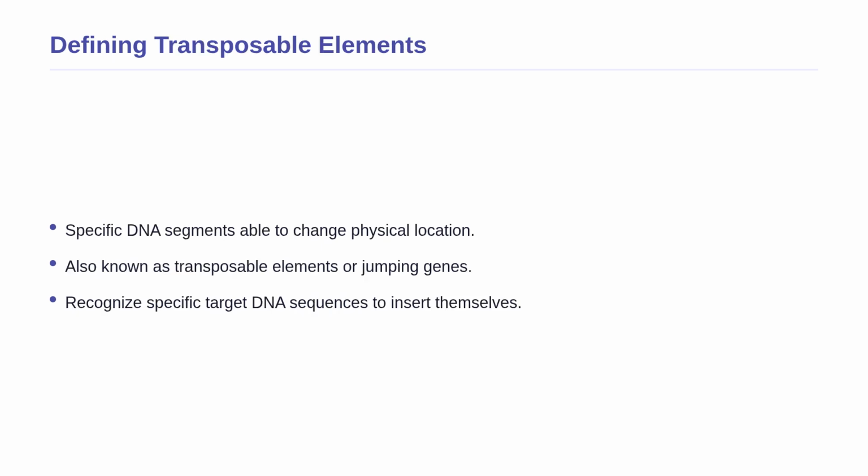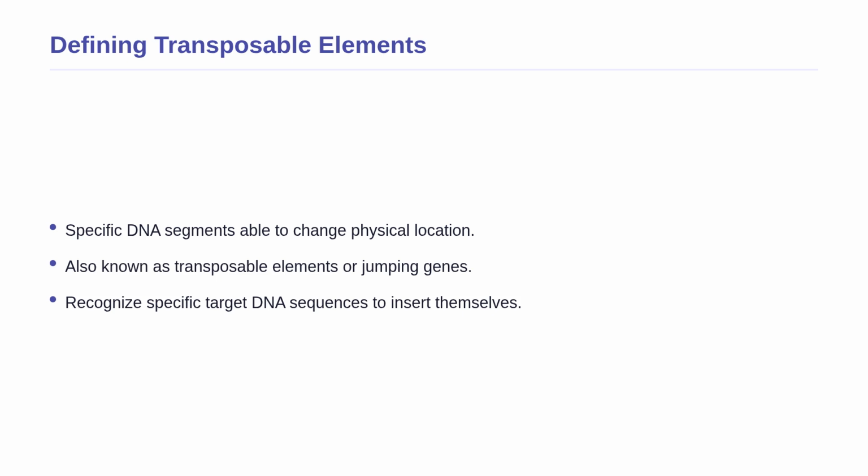Now that we have an intuitive picture, let us look at the formal definition. In formal genetic terms, transposons, or transposable elements, are specific segments of DNA that possess the unique ability to change their physical location within a genome. They do not just float around randomly.